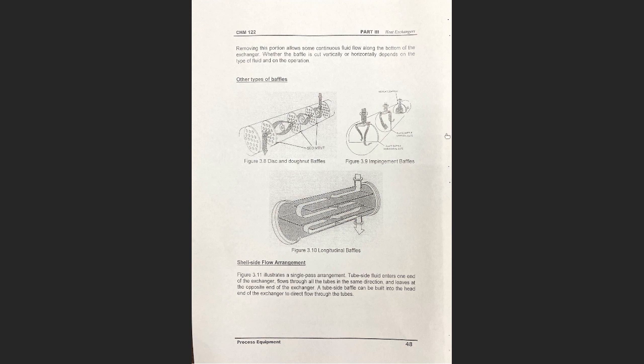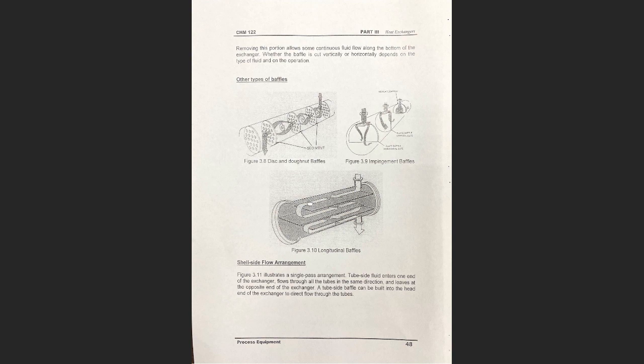That is the shell side fluid, guys. Whereas you might have a multiple pass, either 2 or 4 passes. Inshallah, we'll talk about it later on. Using the longitudinal baffles, you can allow the fluid to flow several passes, left to right, right to left, through the shell side of the exchanger before it goes out.